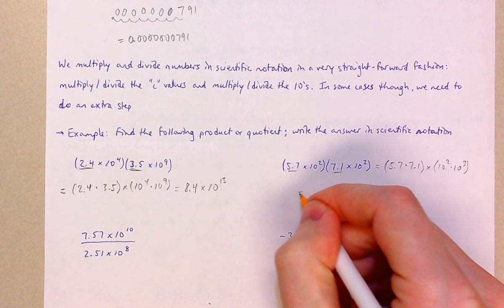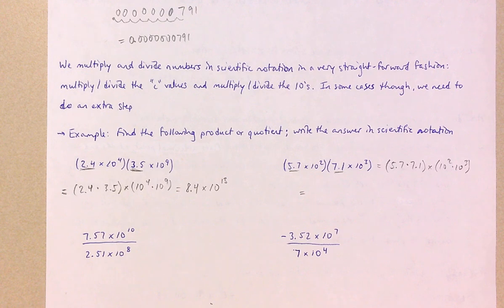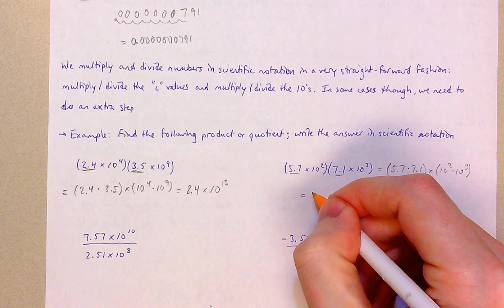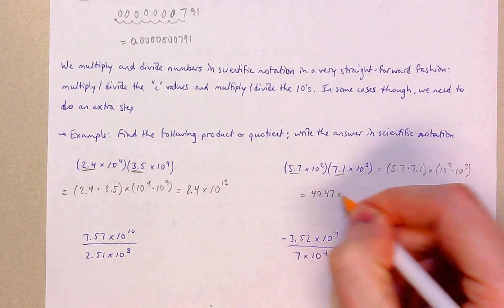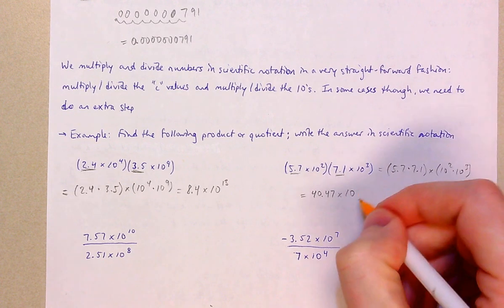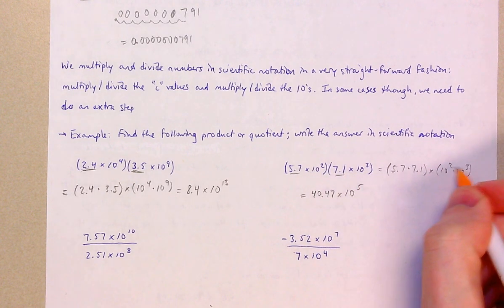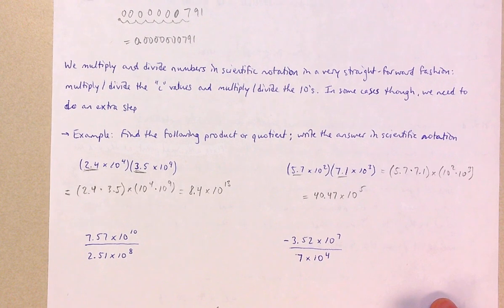Okay. Well, if you do 5.7 times 7.1, we get 40.47 times 10 raised to the 5th power. Adding those two powers gets me 5.